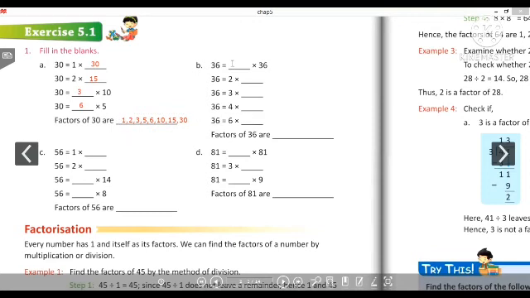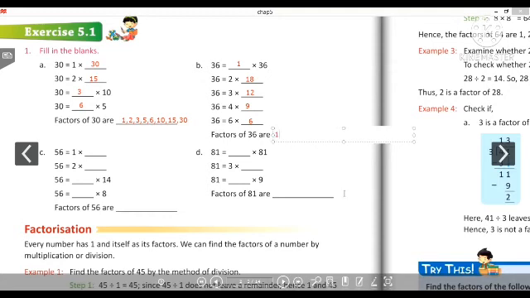Now next one, 36 is equal to 1 into 36. If I divide 36 by 2, what I will get? I will get 18. If I divide 36 by 3, what I will get? 12. If I divide 36 by 4, 9. And 6 6 are 36. Done. So what are the factors of this 36?